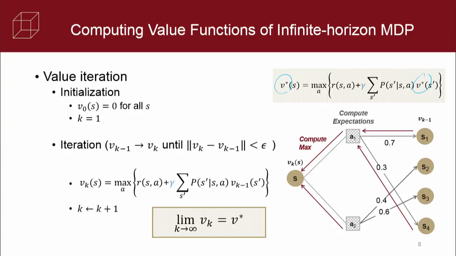So what we try to do is initialize V with some arbitrary values, let's say zeros. So V0 for every state is equal to 0. And we keep doing the computation presented in this slide.